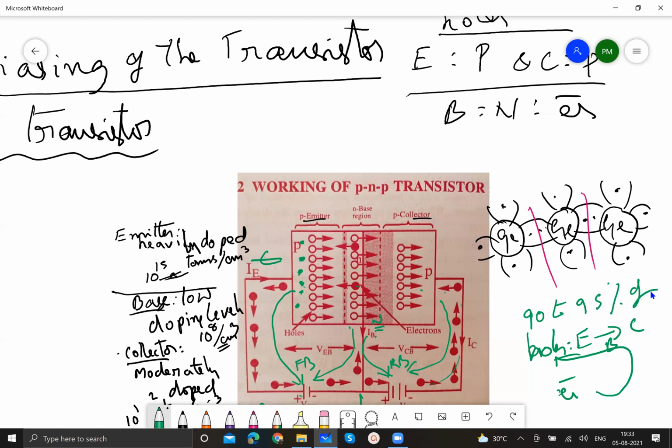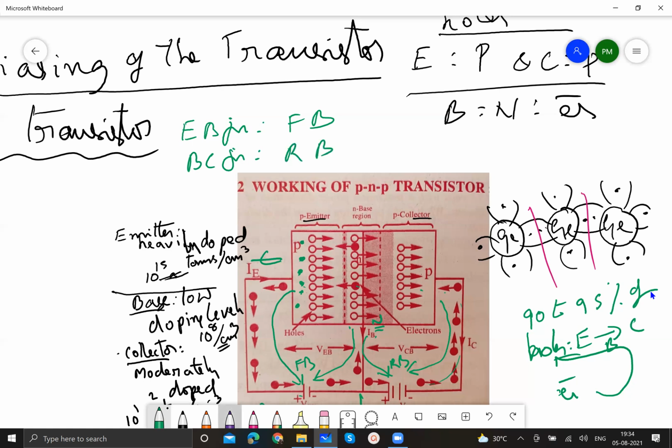Means now the PNP transistor starts functioning. This functioning mode of the PNP transistor is called biasing. So what I said is the emitter-base junction is in forward bias, base-collector junction is in reverse bias.